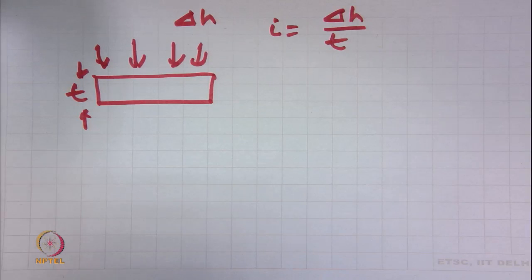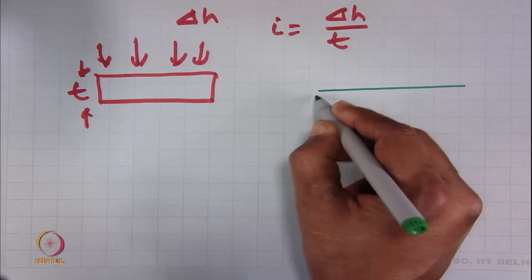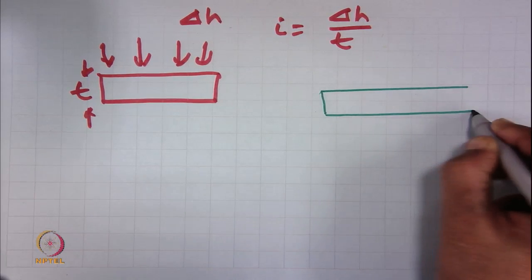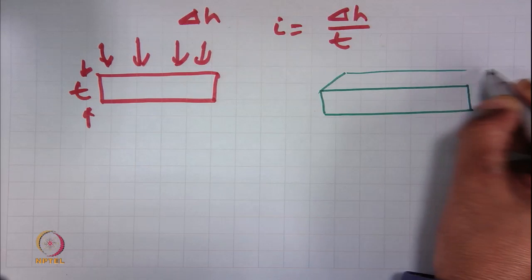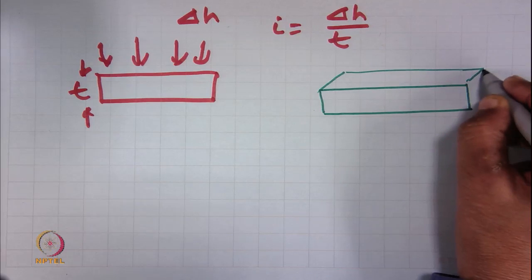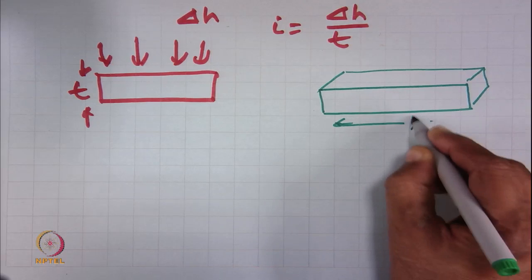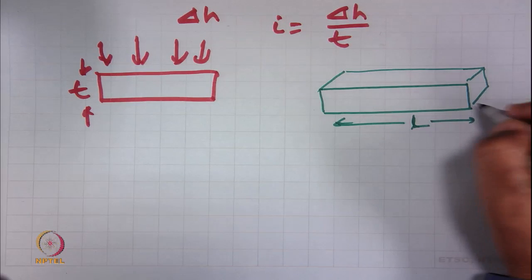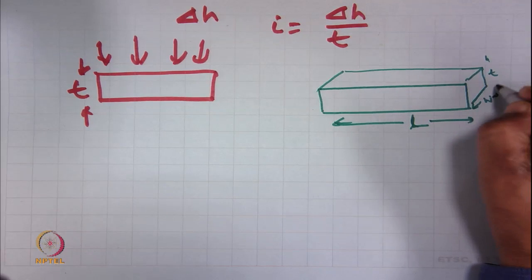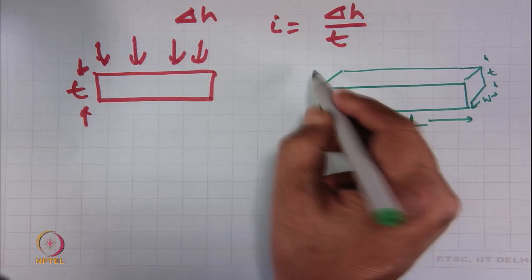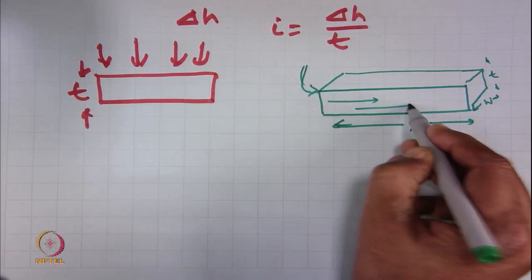but in case of in plane, where this is the length of the material, here is the thickness, and this is the width of the material, the water flows along the plane.